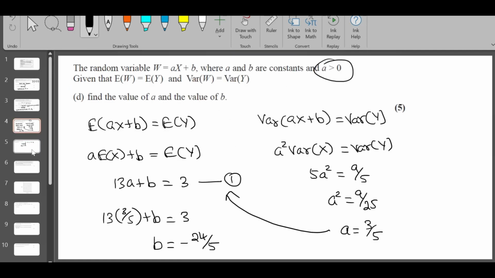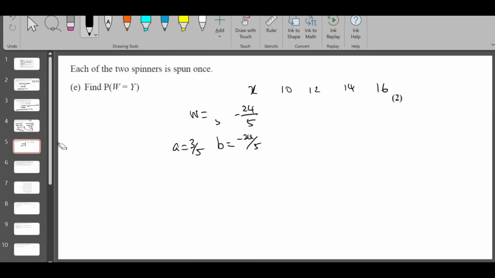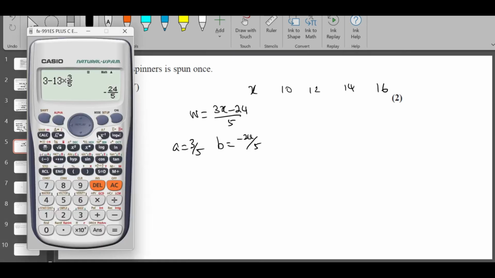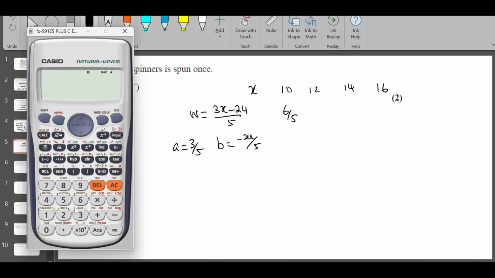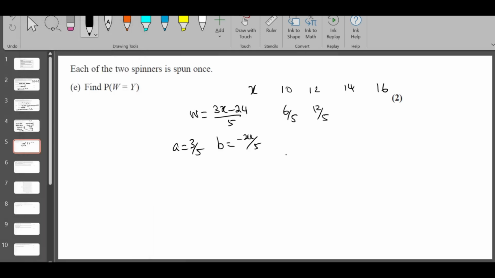Is it 24 over 5? Yes. You can write it as (3x minus 24) over 5. So when you sub in 10 there, 30 minus 24 is 6 over 5. Okay, I'm going to keep it as 6 over 5. When you sub in 12 in the place of X, 3 times 12 is 36 minus 24 over 5, which is 12 over 5.